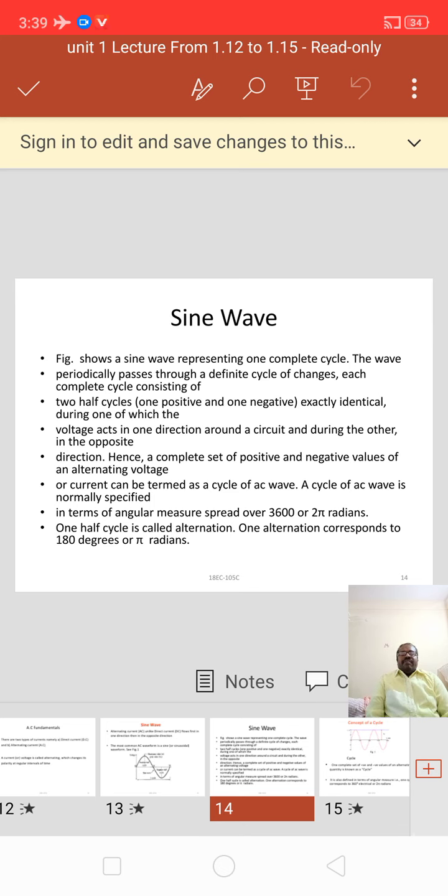The previous slide figure shows the sine wave representing one complete cycle. The wave periodically passes through a definite cycle of changes.